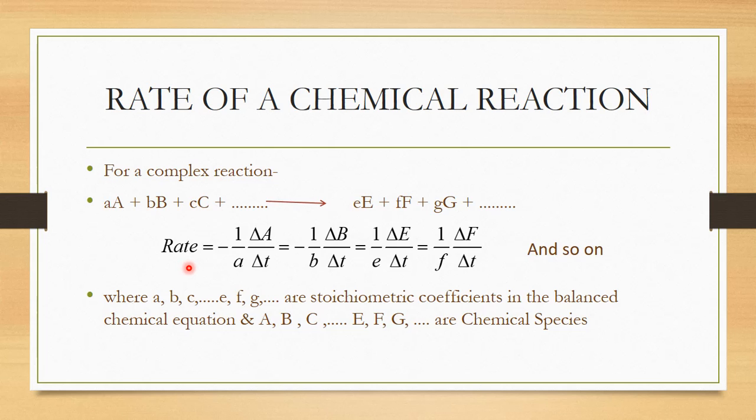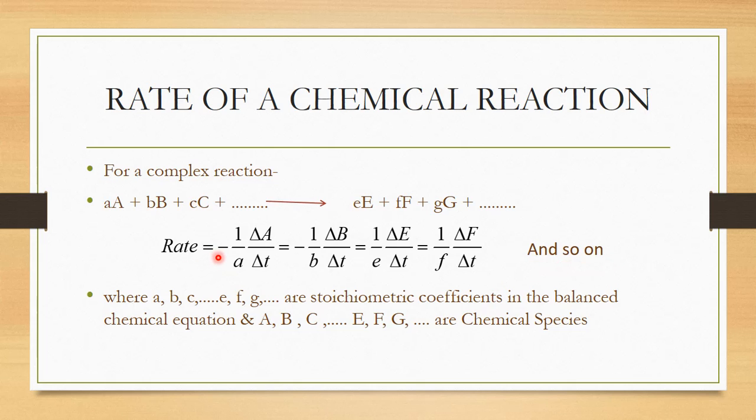So, for such type of reactions, we will write rate will be equal to minus 1 by a delta A upon delta T equal to minus 1 by b delta B upon delta T equals 1 upon e delta E upon delta T equals 1 upon f delta F upon delta T and so on.